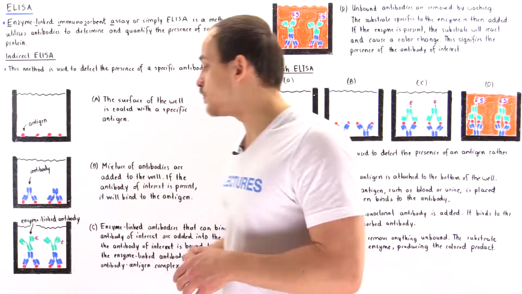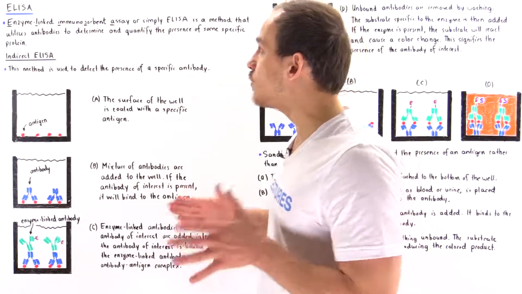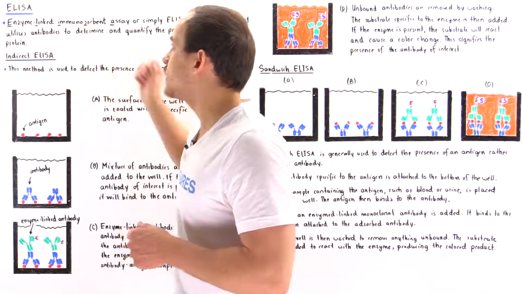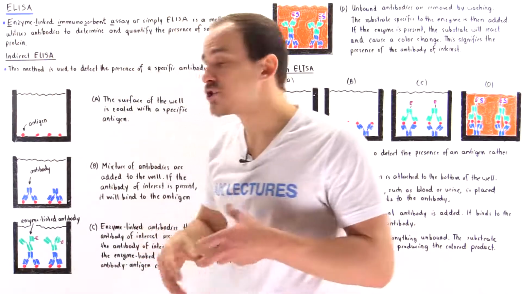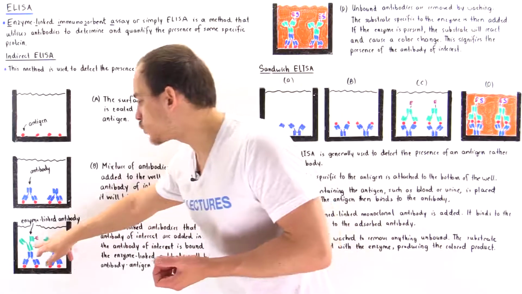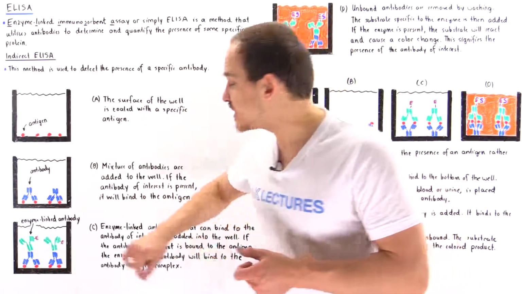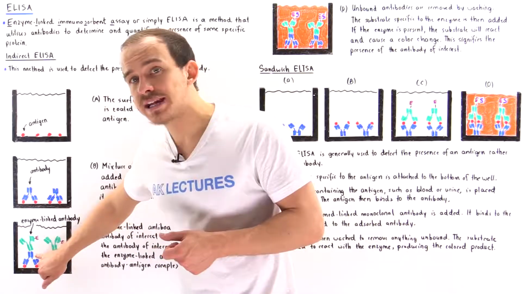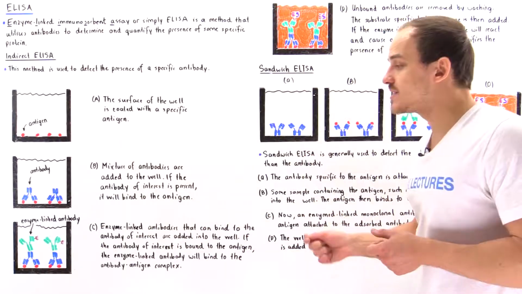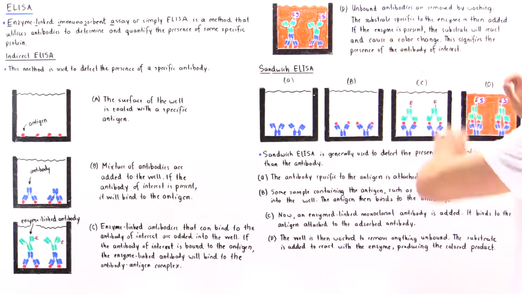And we'll see why that's important in just a moment. That's why we call this method enzyme-linked immunosorbent assay. Enzyme-linked means we create this monoclonal antibody shown in green that can bind specifically to this blue antibody, and that green antibody also contains an enzyme that will become important in step D.